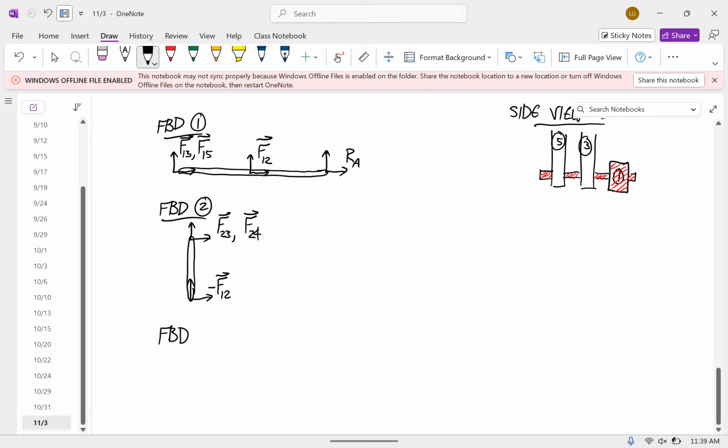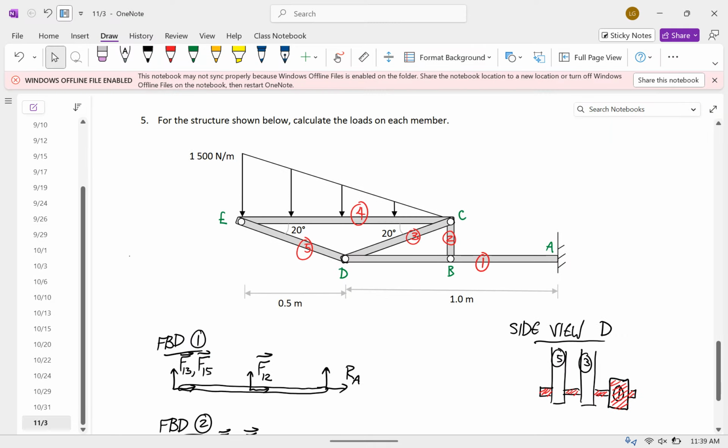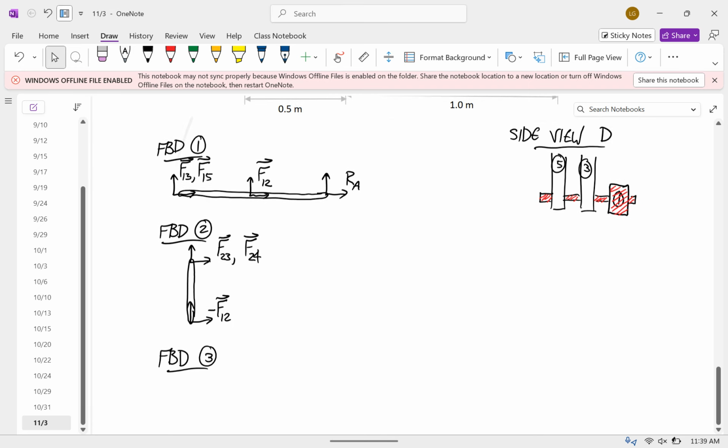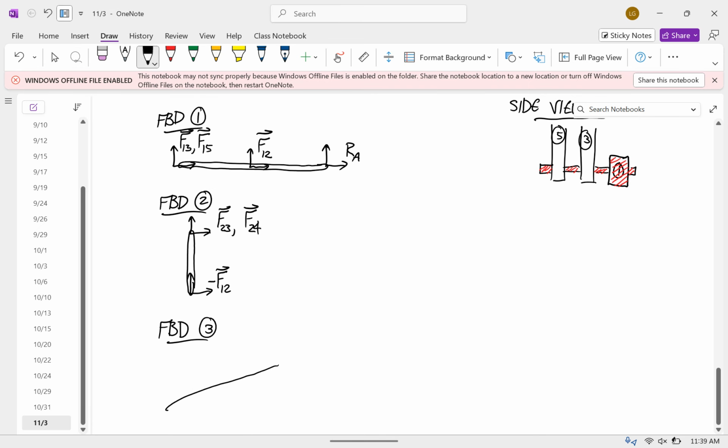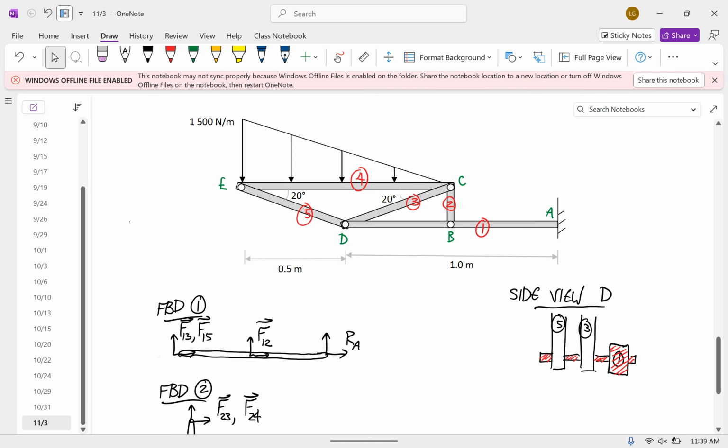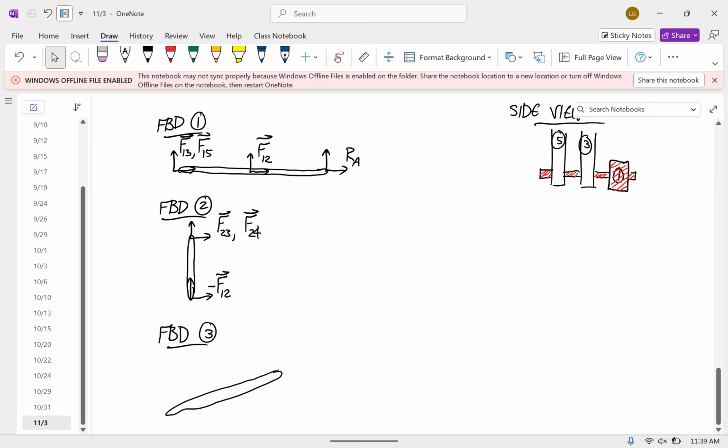Free body diagram of member 3. Okay, so up at the upper right, the lowest numbered member is member 2.